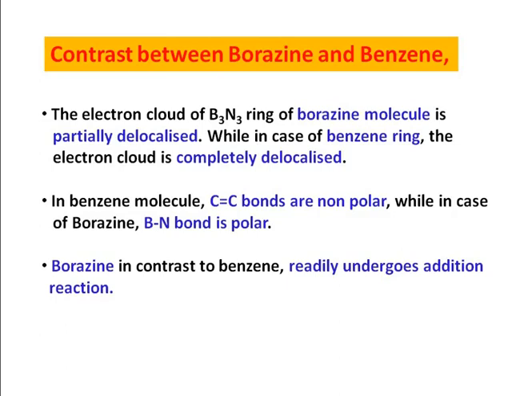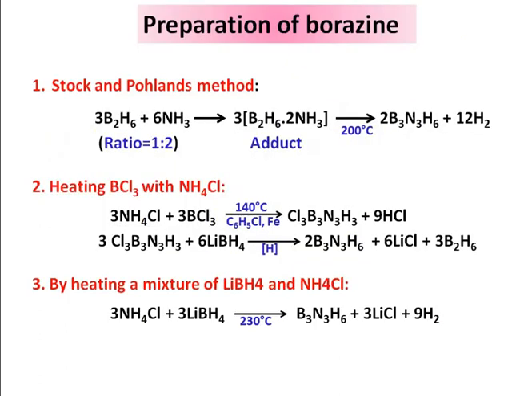Because in benzene, all the atoms are carbon atoms, the same atom, and there is no electronegativity difference between the carbon atoms. So all the carbon-carbon bonds are non-polar bonds, while in Borazine, all the boron-nitrogen bonds are polar bonds. And because of the polarity of the boron-nitrogen bonds, Borazine undergoes addition reactions.